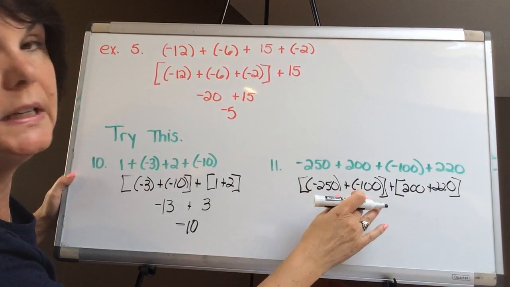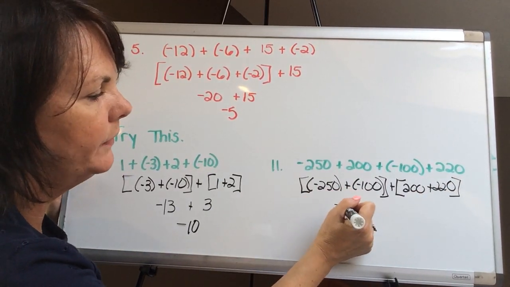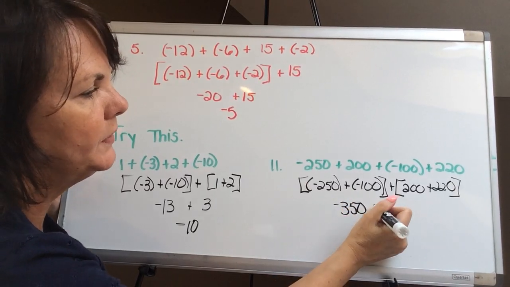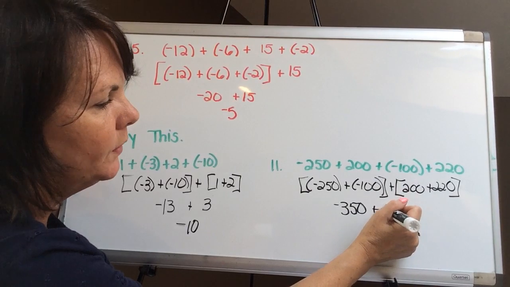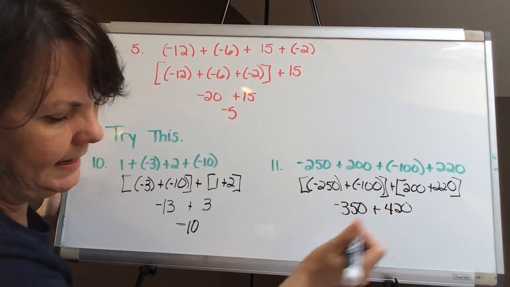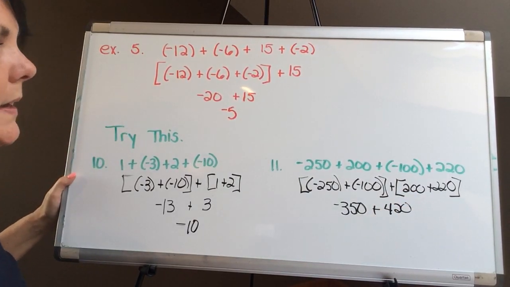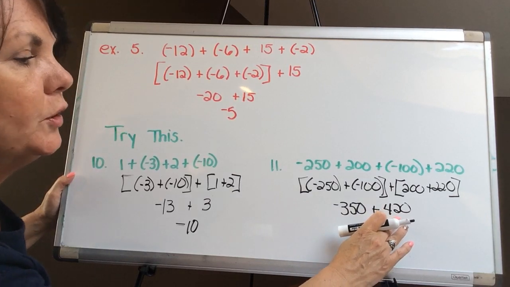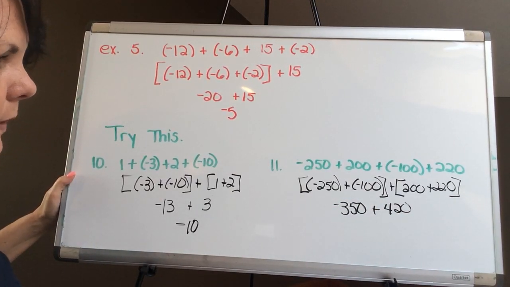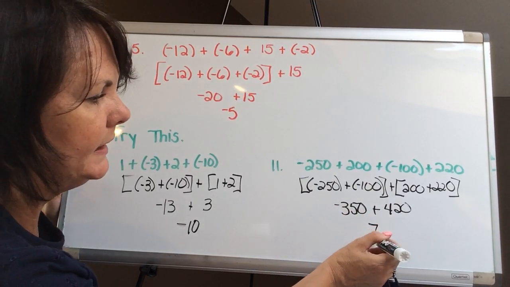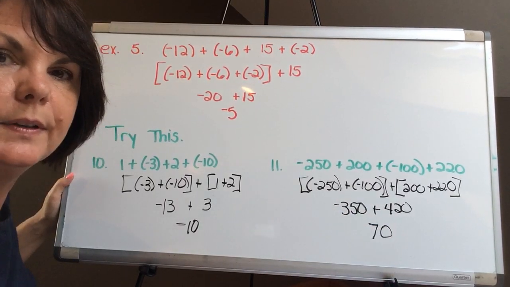So negative 250 and negative 100 is negative 350. 200 plus 220 is 420. And now I only subtract once. And this number is larger, so my answer is going to be positive. And 420 minus 350 is 70. And that's a positive 70.